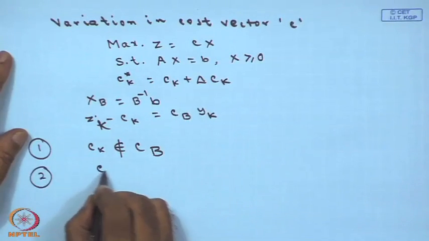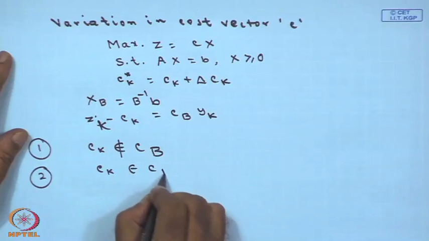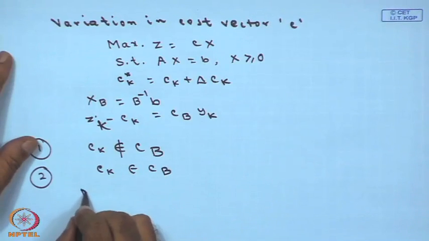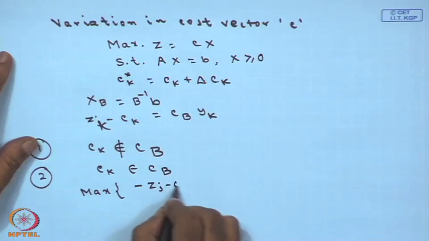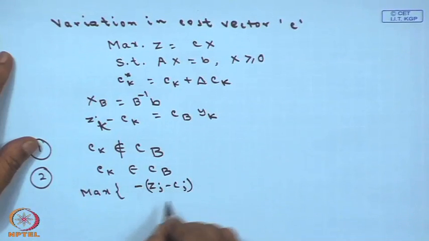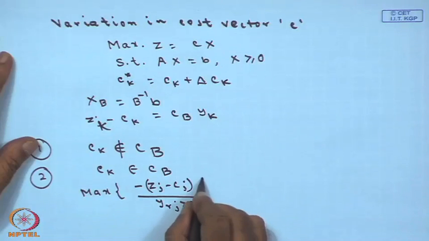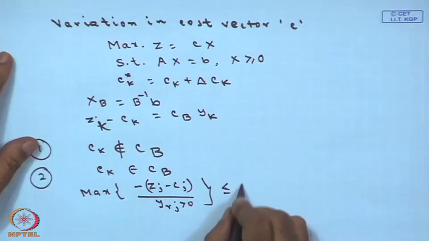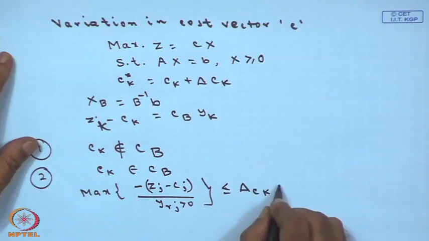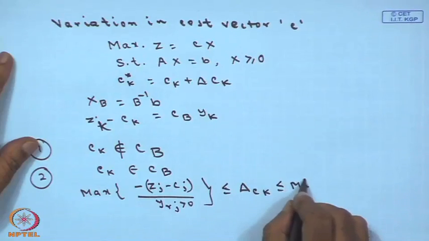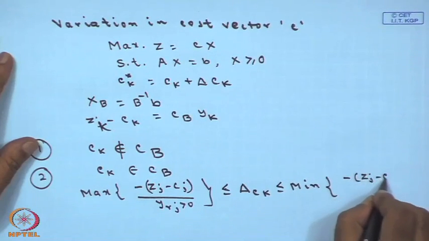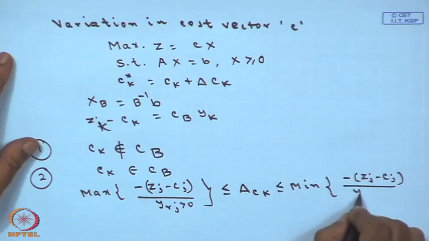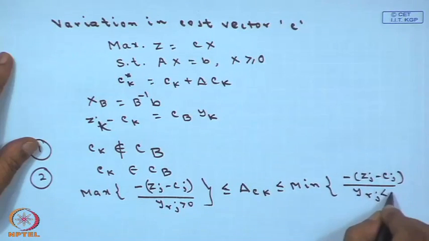If Ck belongs to Cb, I am not calculating, I am just giving this: the maximum of minus (Zj minus Cj) by yrj for yrj greater than 0 is less than or equal to delta Ck, which is less than or equal to the minimum of minus (Zj minus Cj) by yrj. You already know these values.